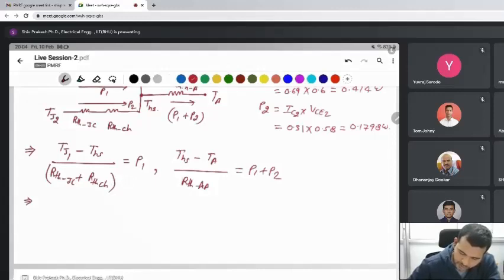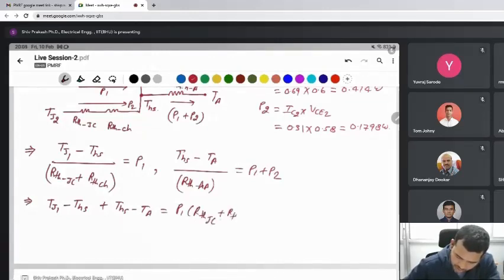Add this one and multiply, and TJ1 minus THS plus THS minus TA equals P1 times RthJC plus RthCH plus P1 plus P2 times Rth heat sink to ambient. This one cancels out.